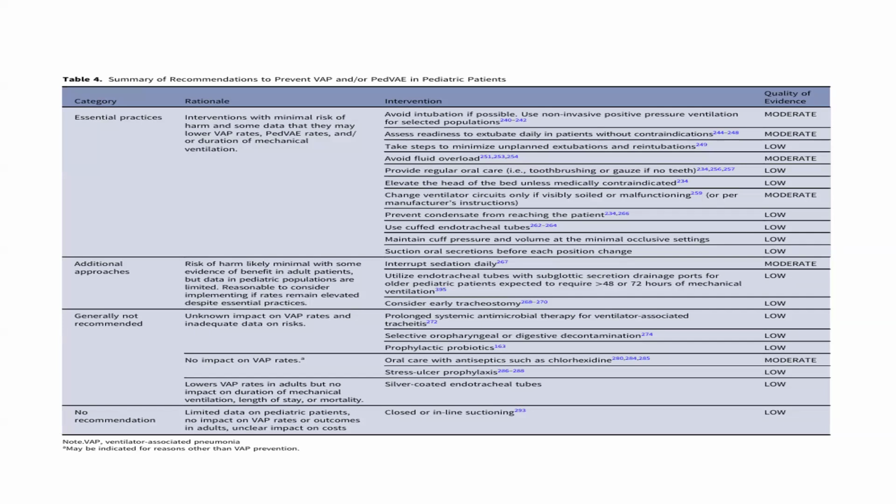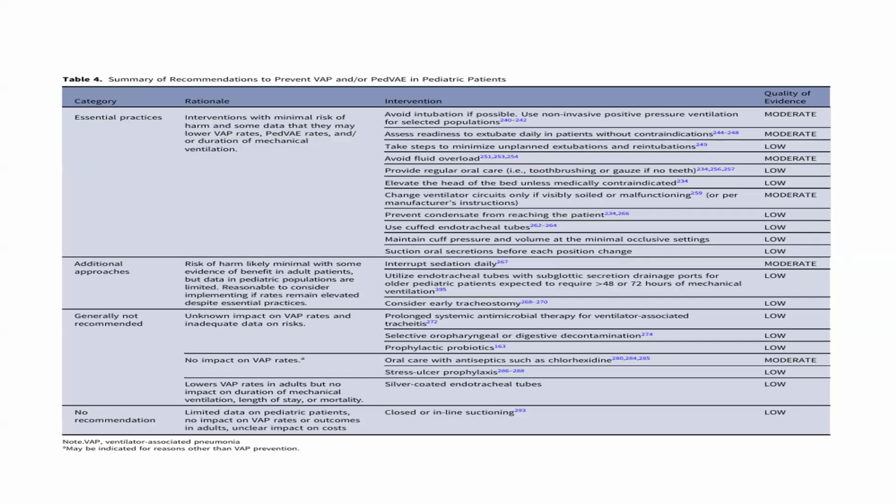Then they said avoid oral care with antiseptics like chlorhexidine. Definitely we need to provide oral care with toothbrushing, but not the use of chlorhexidine. According to the trials, chlorhexidine doesn't have any role in the prevention of VAC, and a few studies showed that if we use chlorhexidine, then the chance of mortality is higher.